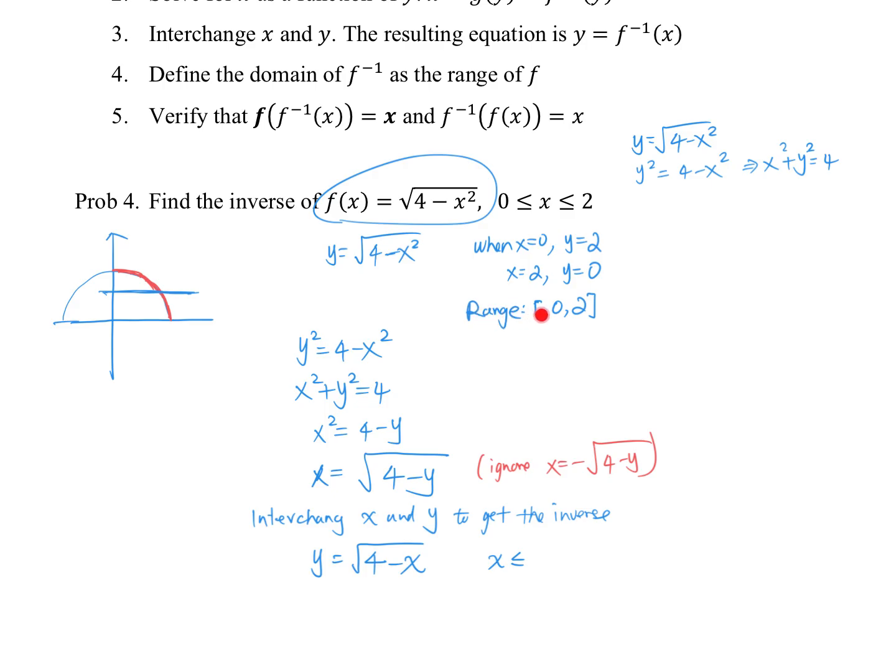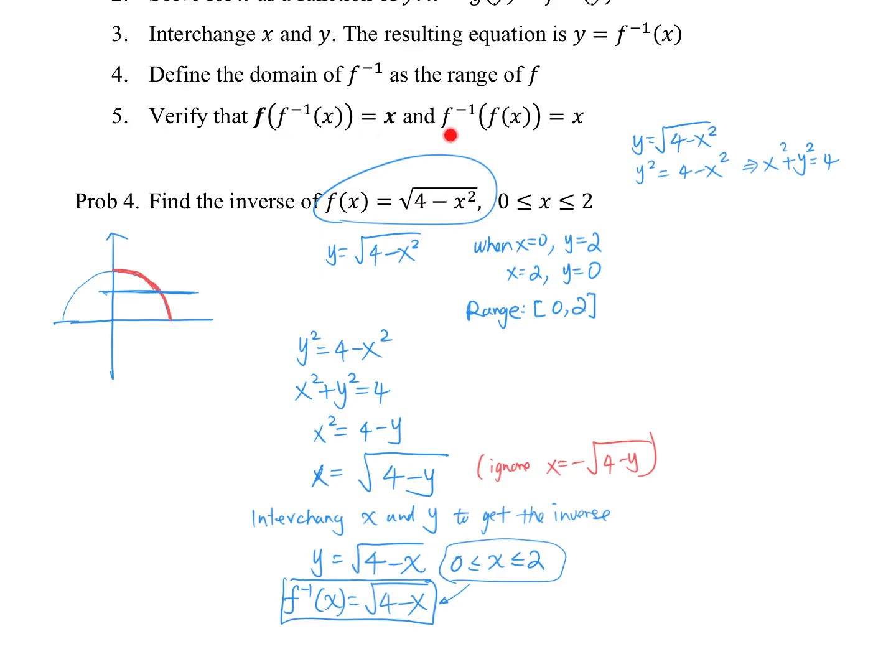So the range of the original function becomes the domain of the inverse. So therefore, the domain is x greater than or equal to 0, less than or equal to 2. And oftentimes, we write it as f inverse of x equals square root of 4 minus x. That's usually what we write at the end, and of course, with the domain for that.